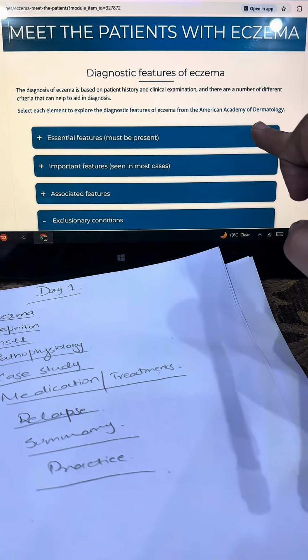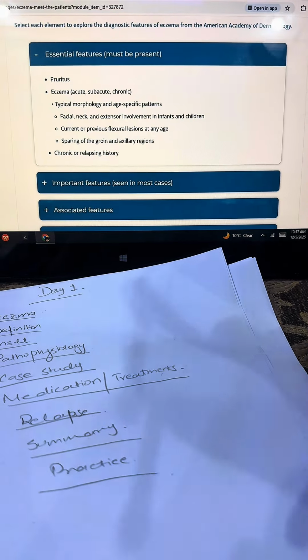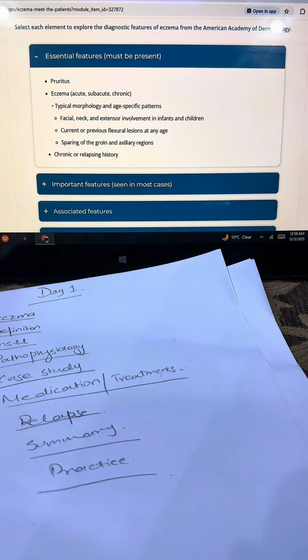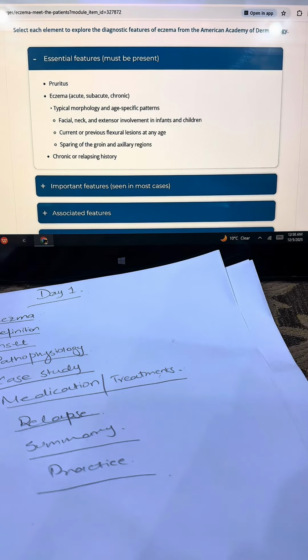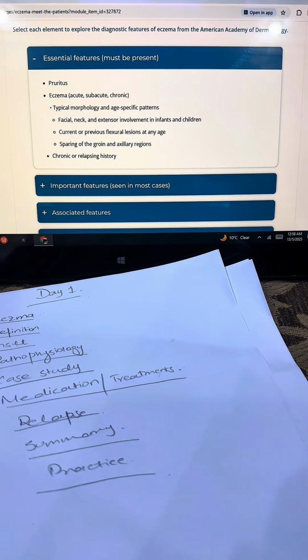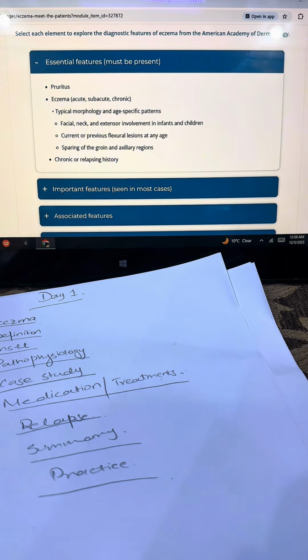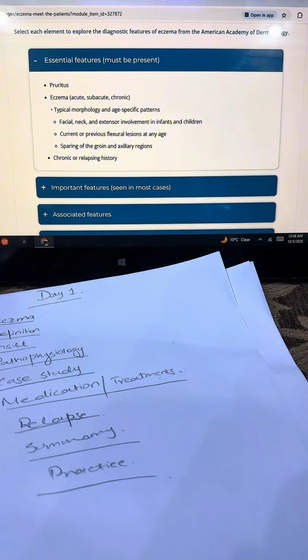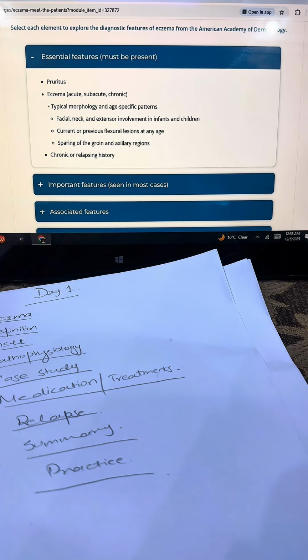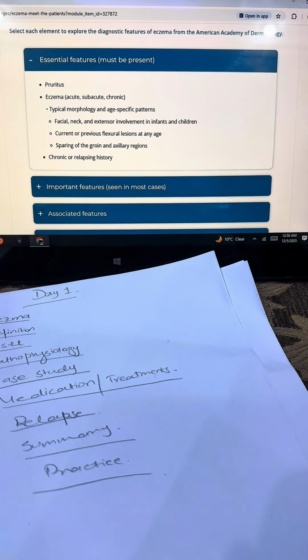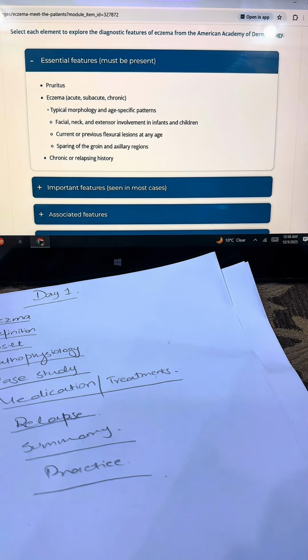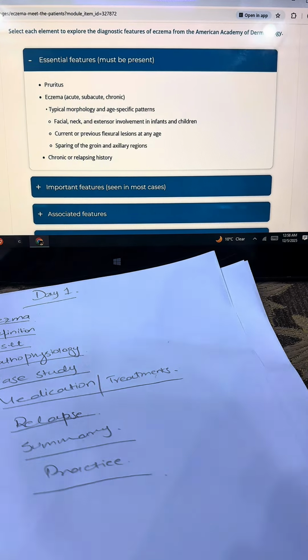First, the main essential feature to know is whether the eczema is acute, subacute, or chronic. What is the morphology? Morphology means shape. What is the specific pattern? What is the location? And is there severe itch and a chronic, relapsing history?